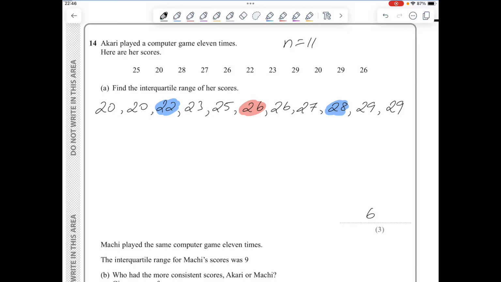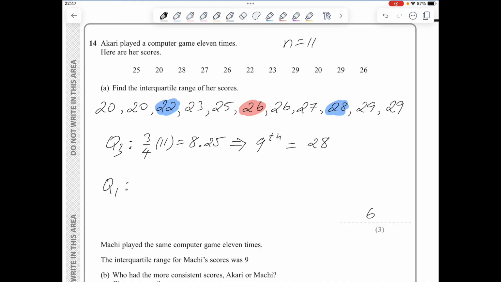That's my interquartile range. If you want to use a formula, you have to do the following. For Q3, I need 3/4 of n, which is 11. This is 8.25. And I'm gonna round up, always round up. And this implies that I'm gonna take the 9th observation, and the 9th observation is equal to 28.